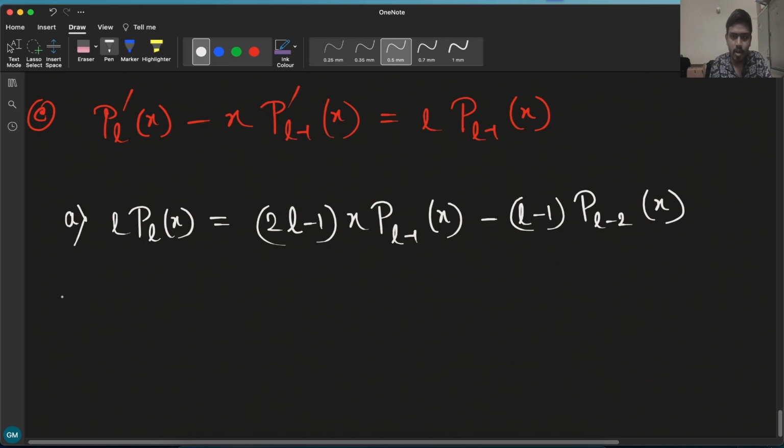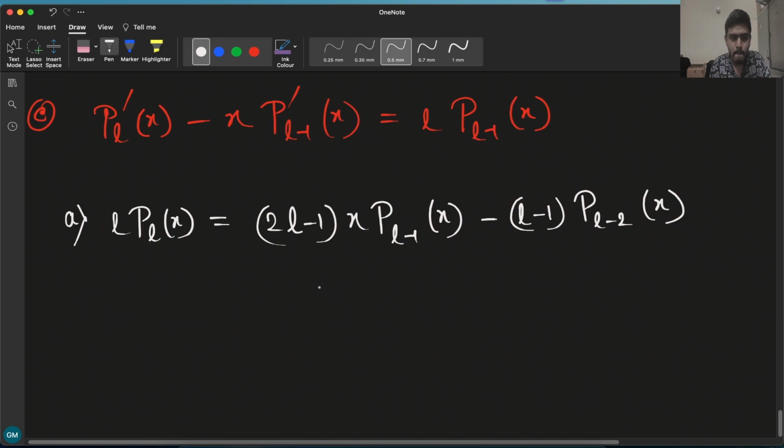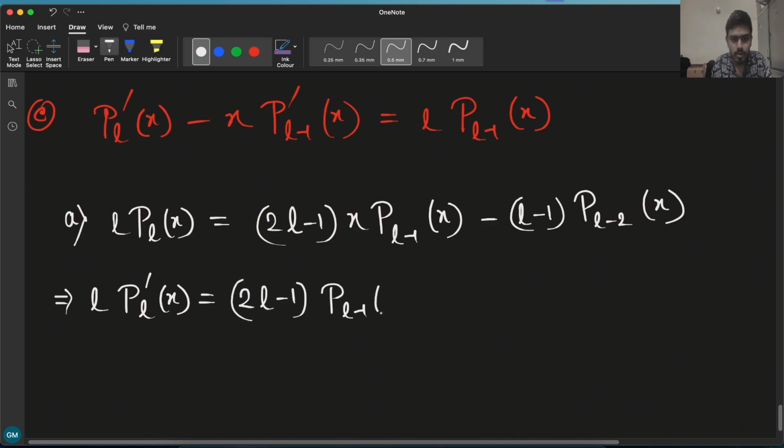Okay, and let me write down the recurrence relation 2 also. First let me do the derivative here. So if I do d/dx of it, then it is basically L p dash L x equals 2L minus 1 p of L minus 1 x. So I am doing the derivative of this x, and then I will do the derivative of this term.